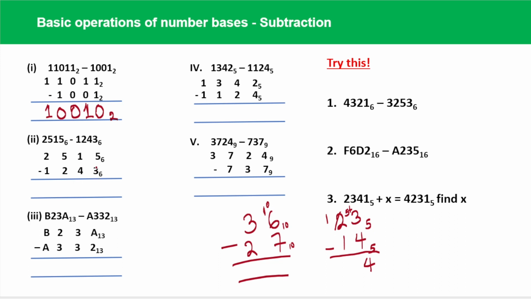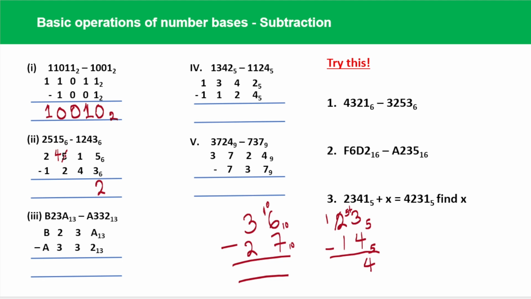Now come to the second example. Here we have 5 minus 3. 5 minus 3 is possible without borrowing, so 5 take away 3 will give us a remainder of 2. Now we come to the next one, 1 minus 4. 1 minus 4 here is impossible, so we will have to borrow 1 from 5, and the 5 automatically becomes 4.